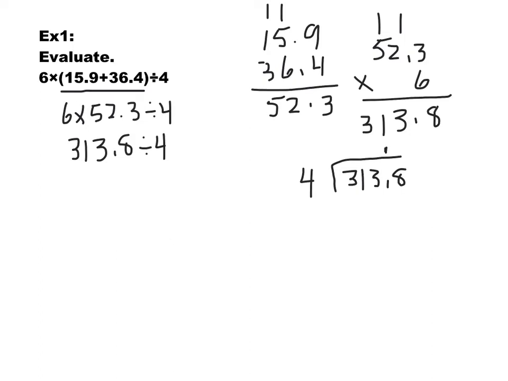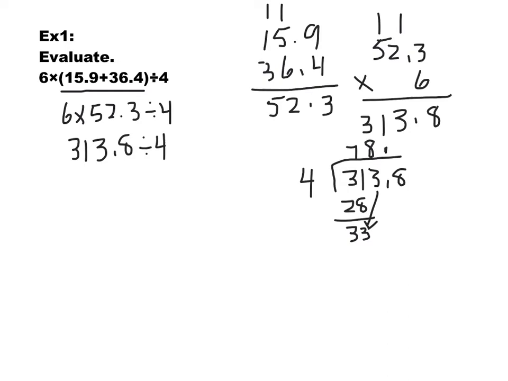Now I'm going to say 31 divided by 4 gives me 7. 7 times 4 is 28. 31 minus 28 is 3. Now I bring this 3 down. 33 divided by 4 is going to give me 8.